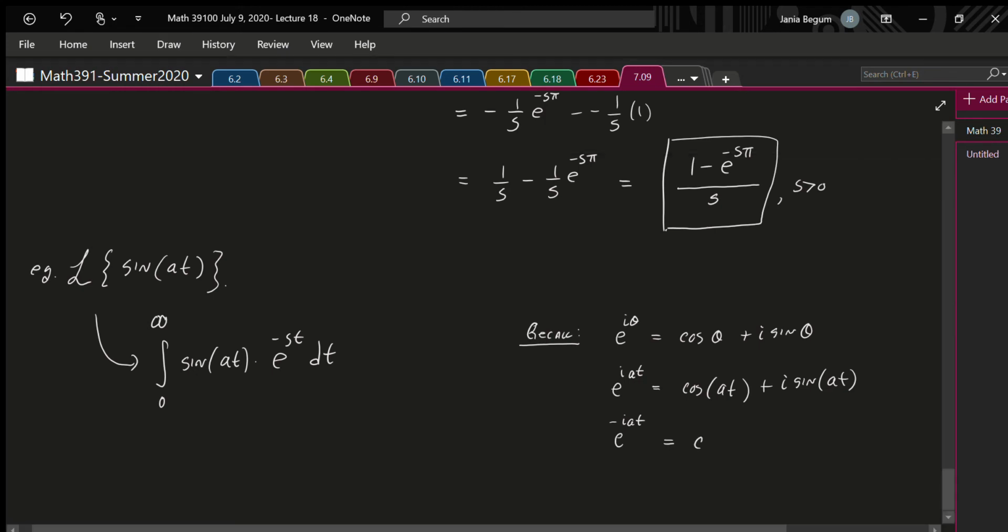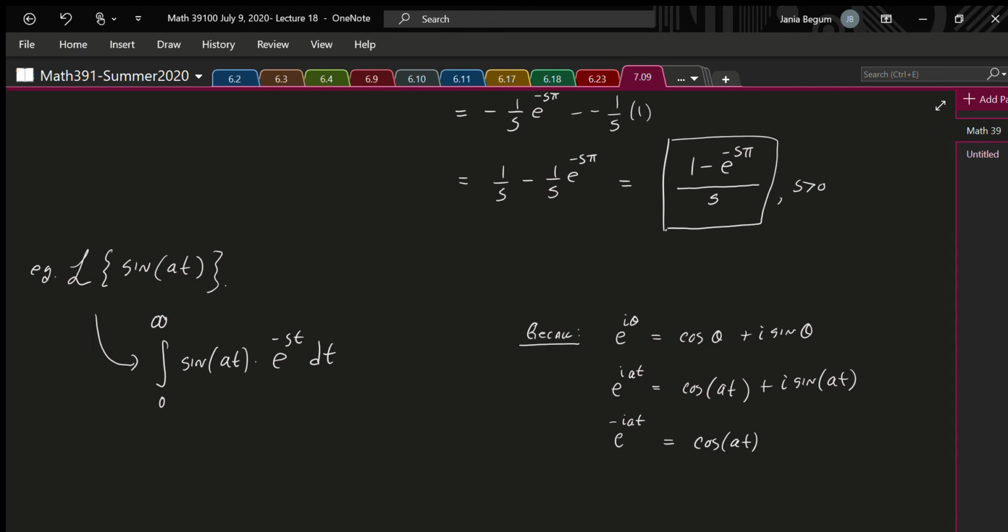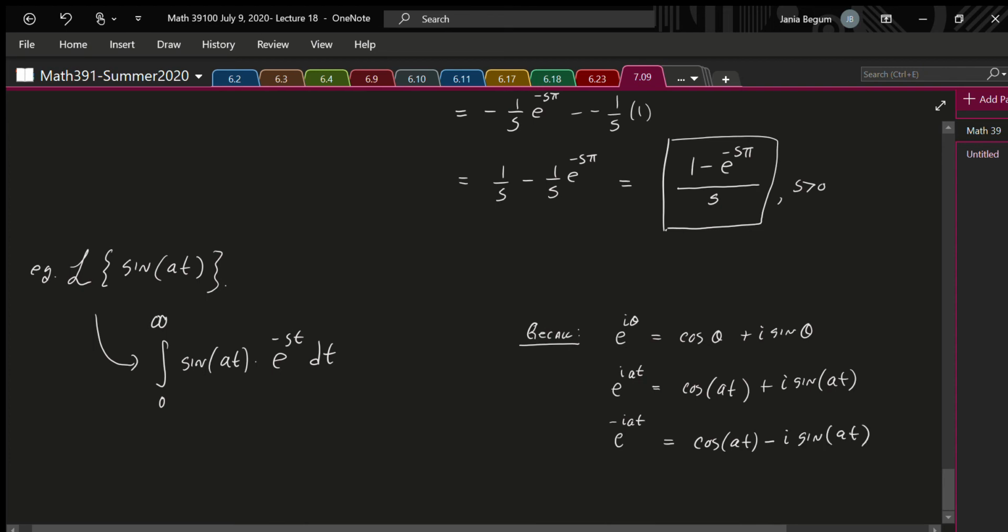And for sine of negative at, which identity do you use to simplify that? Absolutely. Sine of negative theta is equal to negative sine theta, and here our theta is at.